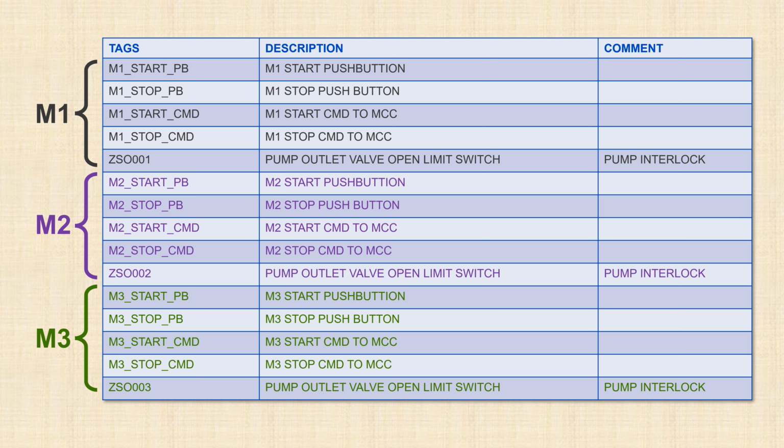So we have taken care of the problem of repeatedly creating the same code, but we still have to create tags for each motor. And the number of tags will increase considerably as the number of motors increases. As an example, if there are 5 tags for a motor, for 3 motors we have to create 15 tags.